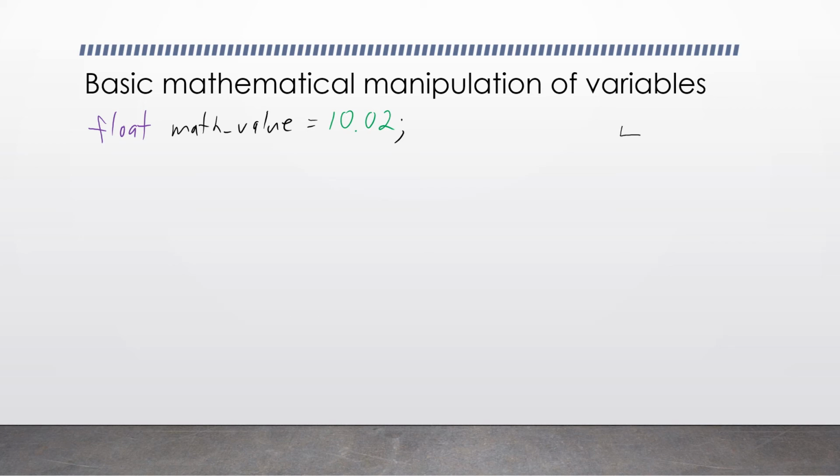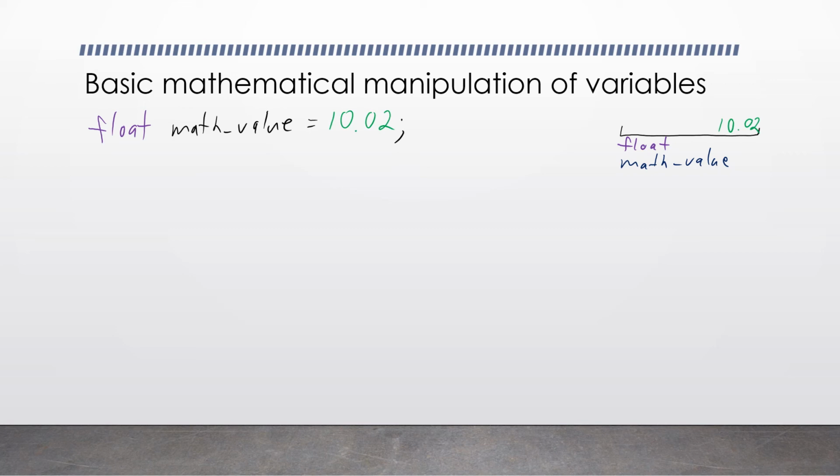Okay, now we've got a memory location which has been designated as type float, has been given the name mathvalue, and has been given the initial value 10.02.